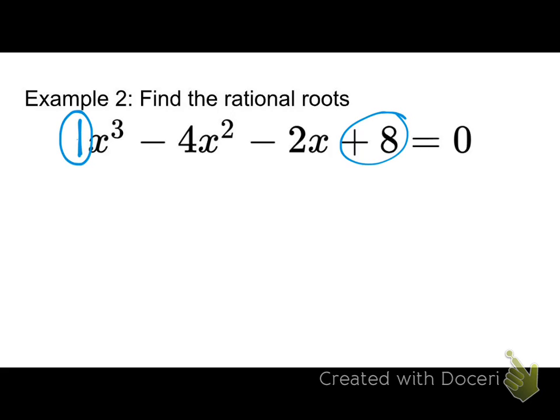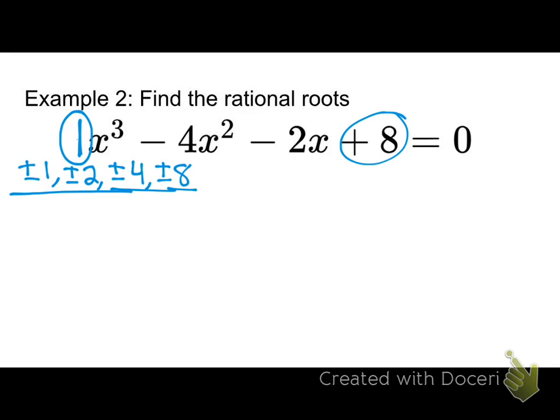When we make our fraction of possibilities, we're looking for the factors of what on top? 8. Factors of the constant go on top. What are our factors of 8? 1 and 8, 4 and 2. Any others? No. And I should always remember to put plus or minus on all of them.